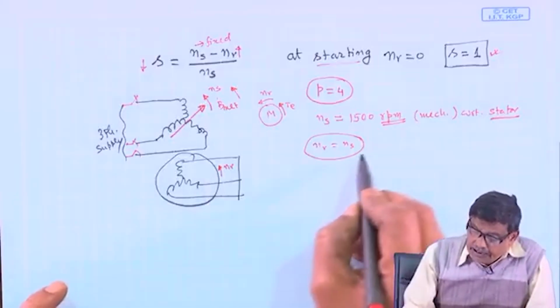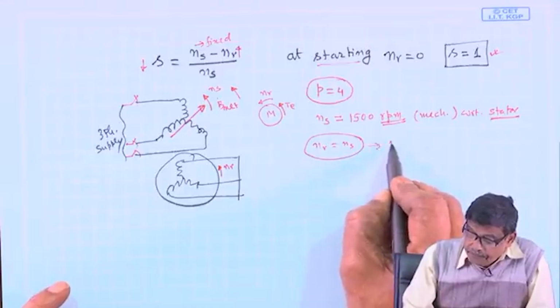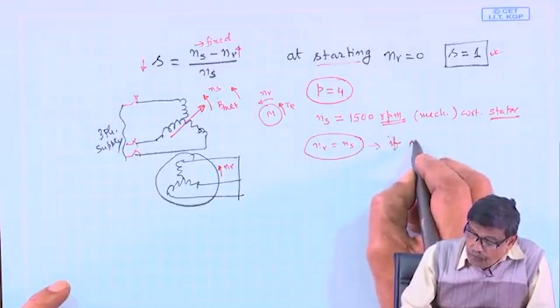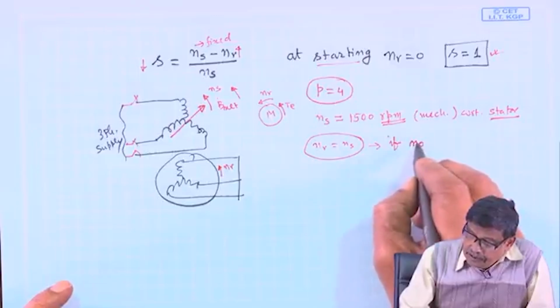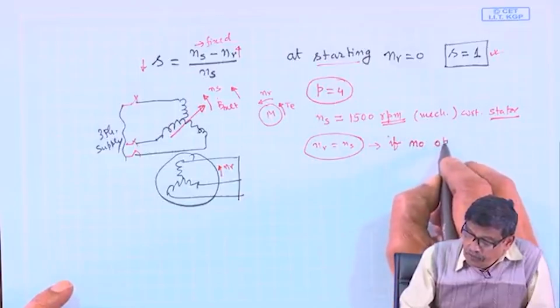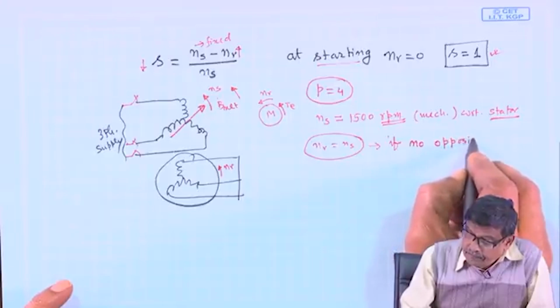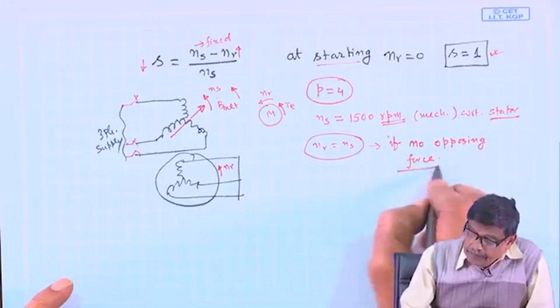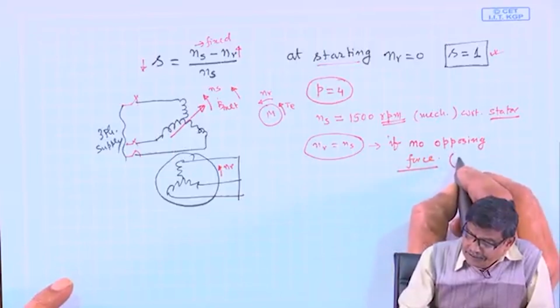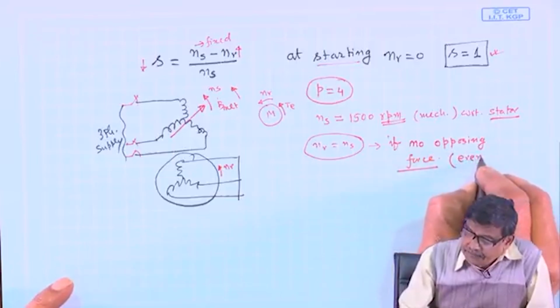Nr equal to Ns if there is no opposing force, that is, even friction is neglected.